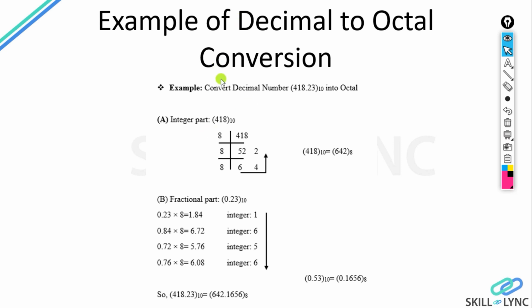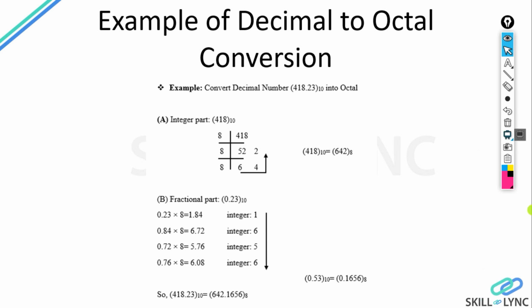After decimal to octal conversion, next will be decimal to hexadecimal conversion. Okay, till this point we have covered decimal to binary conversion and decimal to octal conversion. Now we are taking the decimal to hexadecimal number system.